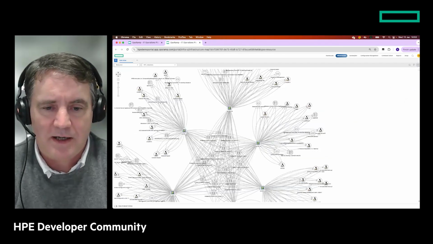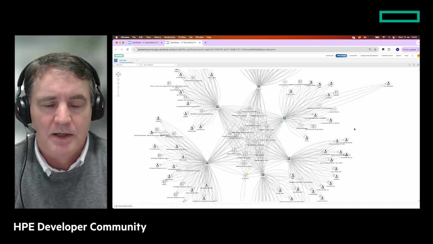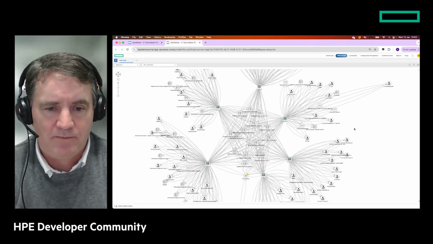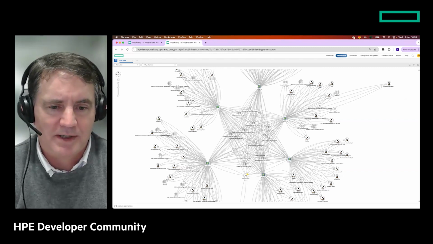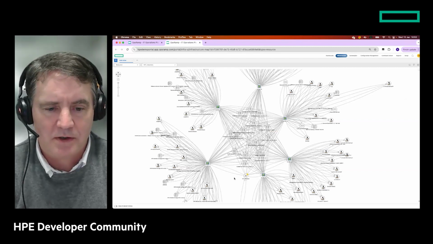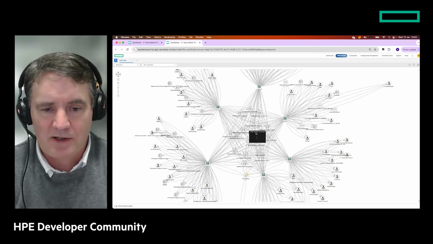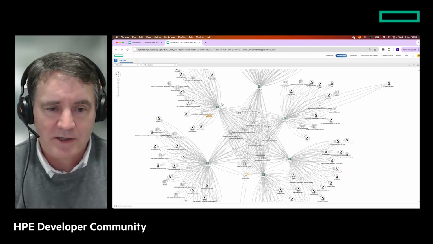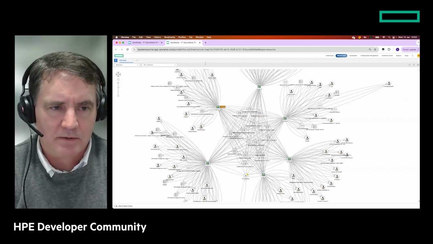Here you can see the inner workings of that entire system. This is just discovered automatically. This is what I'm talking about. This allows you to understand the impact of changes, where issues are. Machine learning uses this to identify the relationships between configuration items.